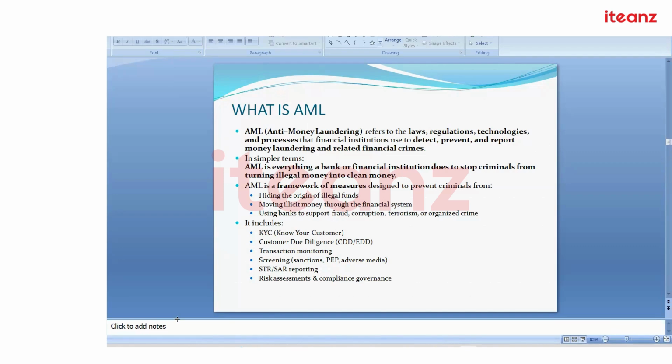So again, what is anti-money laundering? Anti-money laundering refers to the laws, regulations, technology, and processes that financial institutions use to detect, prevent, and report money laundering, like a police. Police use whatever kind of instruments, right?